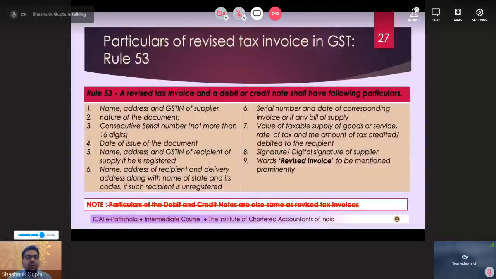The details required on the revised tax invoice are all self-explanatory, except one special thing: the words "revised invoice" are to be mentioned prominently.